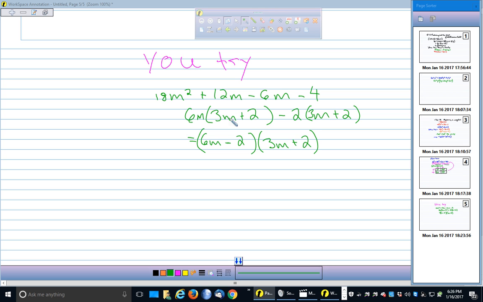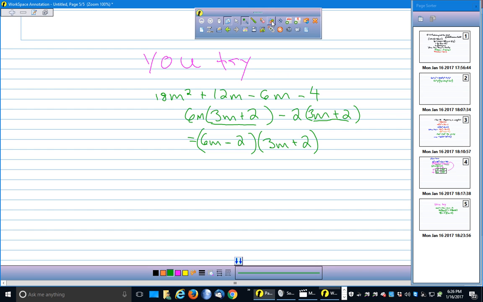Times 3m, because that makes 18m squared, plus 2 makes 12m. Then out of these next two terms, I could pull out the negative sign, and I could also pull out a 2 times 3m plus 2. Notice, again, this 3m plus 2 is equal to this 3m plus 2. So I could rewrite this entire expression as 6m minus 2 times 3m plus 2.